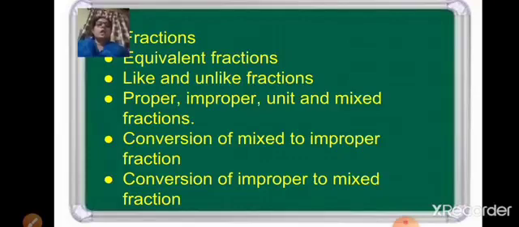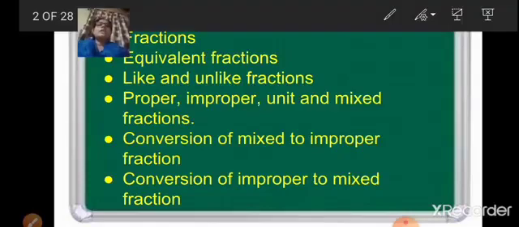You also learned how to convert a mixed fraction to an improper fraction, and also how to convert an improper fraction to a mixed fraction. Before we start with the new topic, let us quickly take a small recap of all these topics.